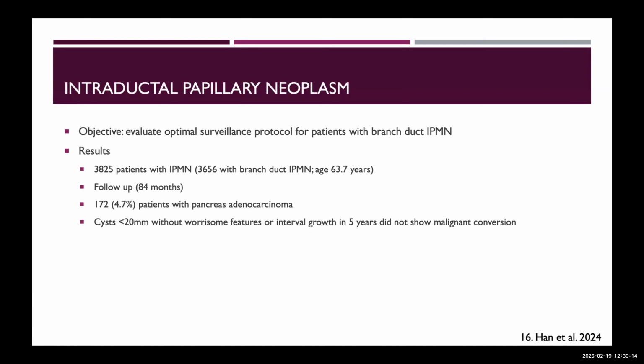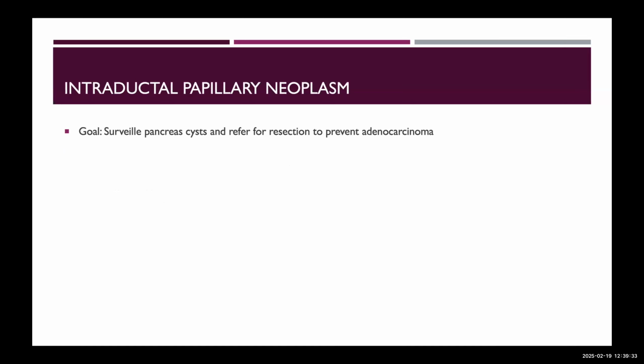So significantly lower, although the follow-up period is not as robust as the prior study. It did, however, note that in the subgroup analysis, cysts less than 20 millimeters in size without any worrisome features or interval growth in 5 years didn't show any malignant conversion whatsoever.